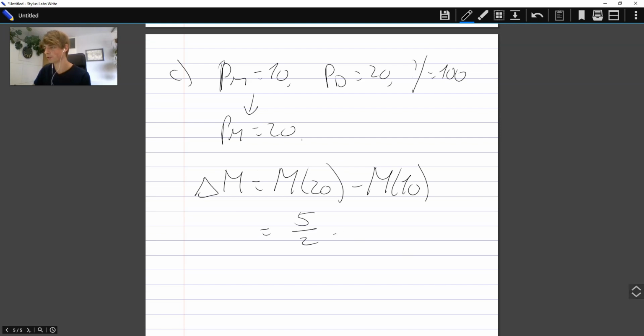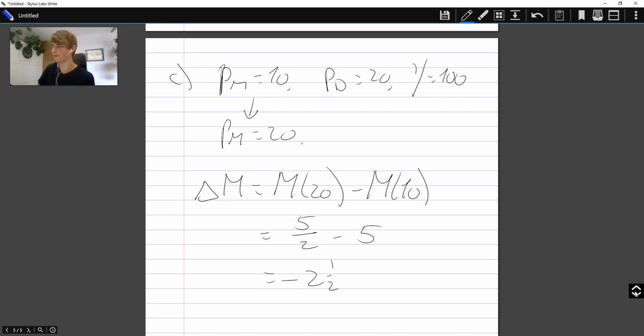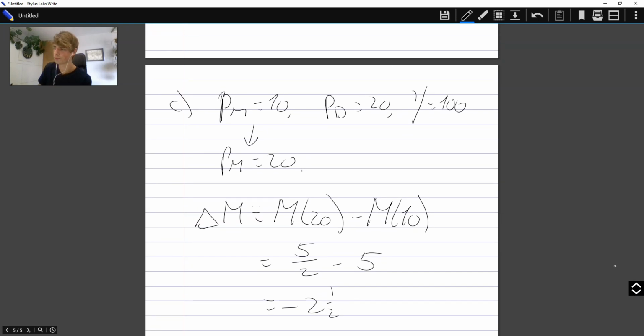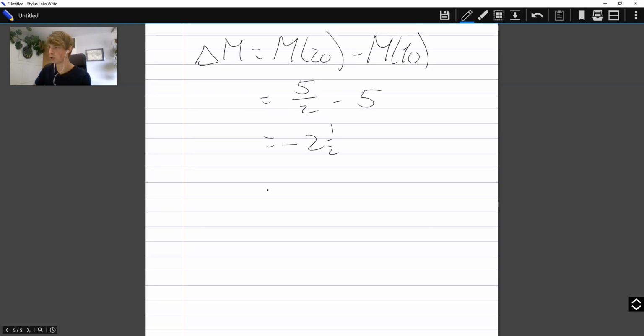So that's 5 over 2 minus 5, which equals minus 2.5. So as a result of this price increase, the number of movie tickets consumed decreases by 2.5. So that is the total effect.